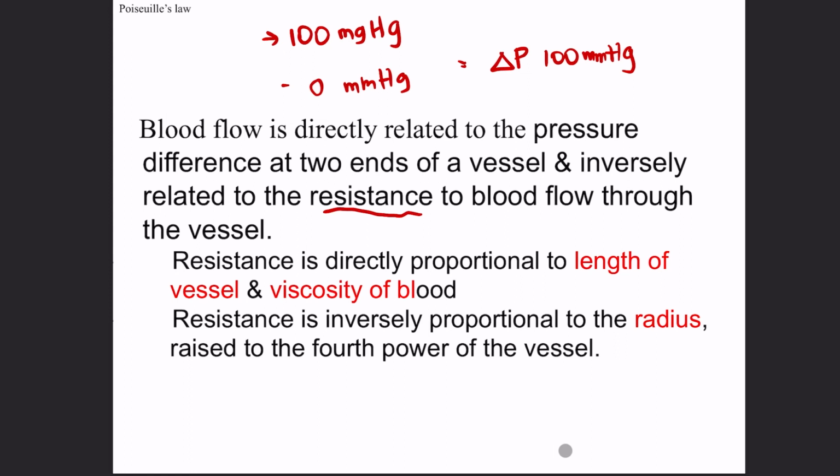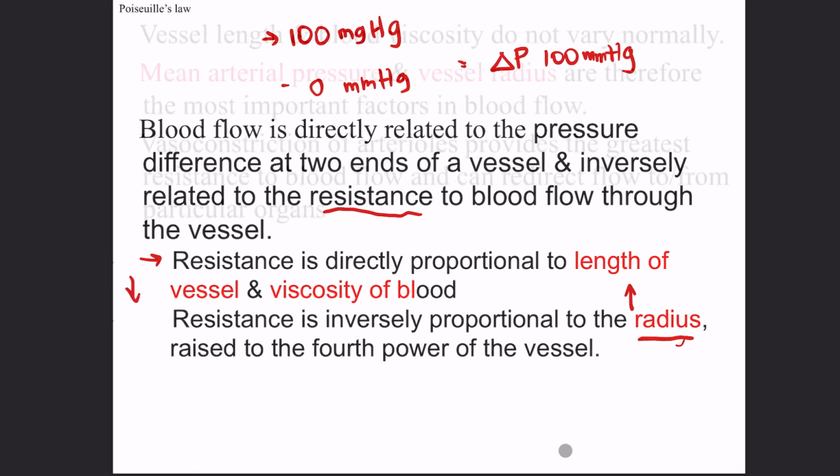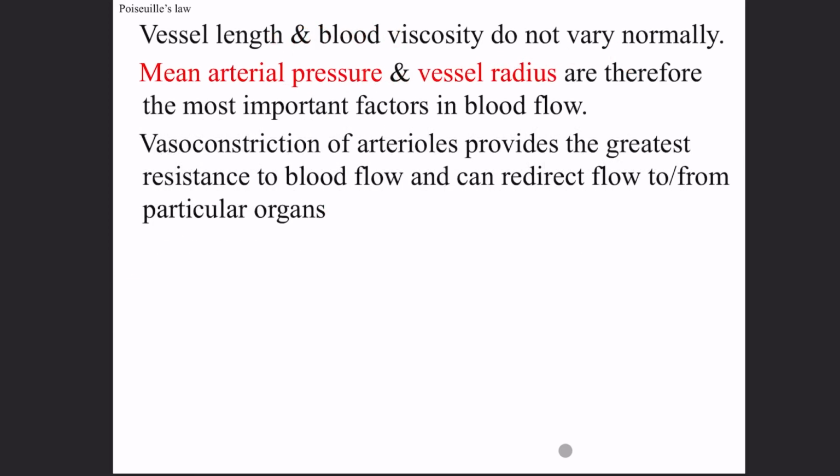Resistance is going to be directly proportional to the length of the vessel and the viscosity of blood, but inversely proportional to the radius. And that means the bigger the radius, the less the resistance. So with this law called Poiseuille's law, blood viscosity does not change usually, and vessel length does not change either. It's like a closed system.